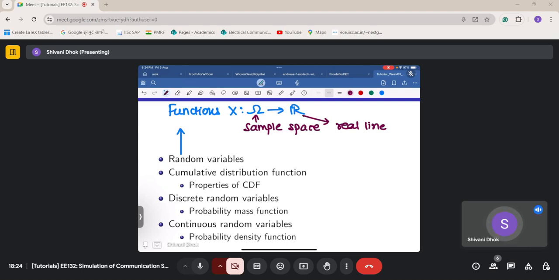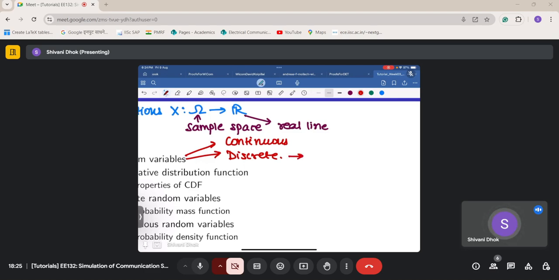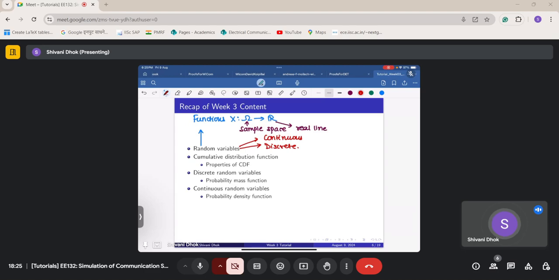Then these random variables can be continuous or discrete, so these will be of two types. We'll see these types one by one.